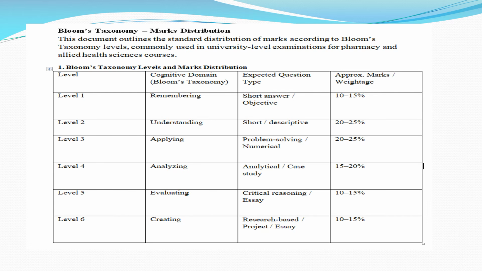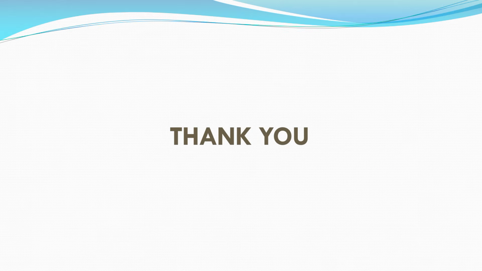It is not hard and fast that we must use this percentage only. We can change the percentage depending on the need or pattern of the subject, or depending on the CO. It is totally based on how the CO is narrated for the subject. Thank you.